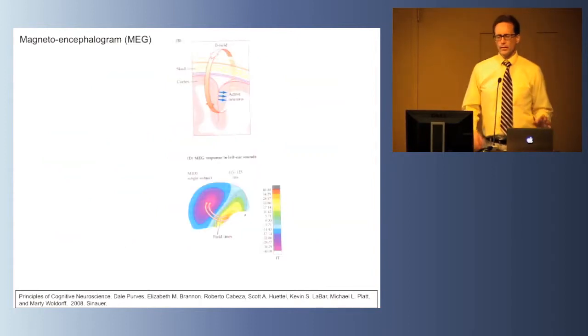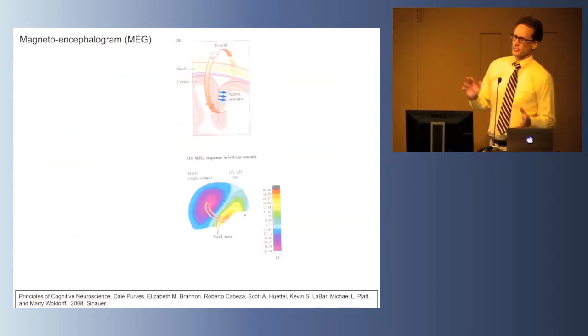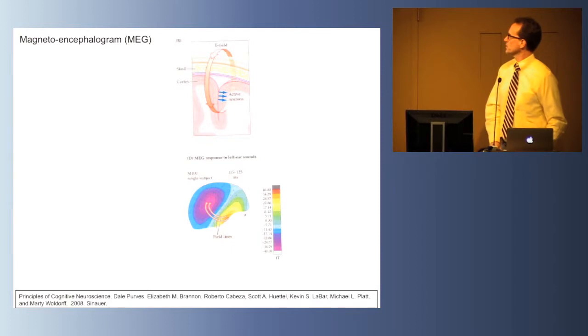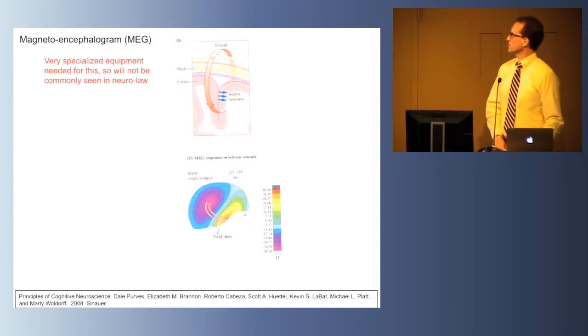Now, wherever there's electric current, there's a magnetic field. Wherever there's a magnetic field, there's an electric current. Electromagnetism is a fundamental law of physics. And so we can take advantage of that to record what's known as the magnetoencephalogram, which is recording the magnetic field associated with brain activity. This requires very specialized equipment.